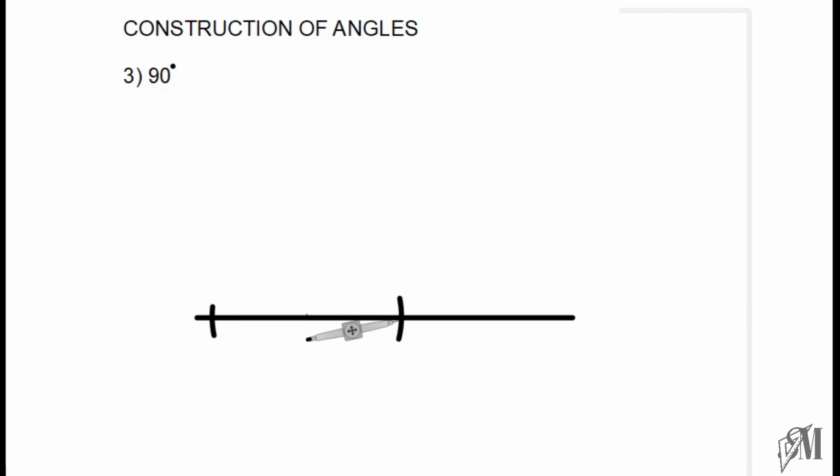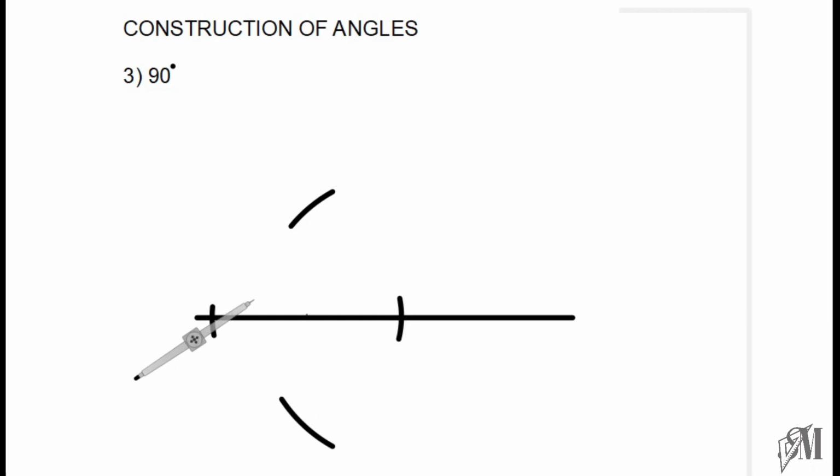Then move your compass to one of those two arcs and draw two arcs as we do when we draw perpendiculars, above the straight line and below the straight line. So it will look like this.